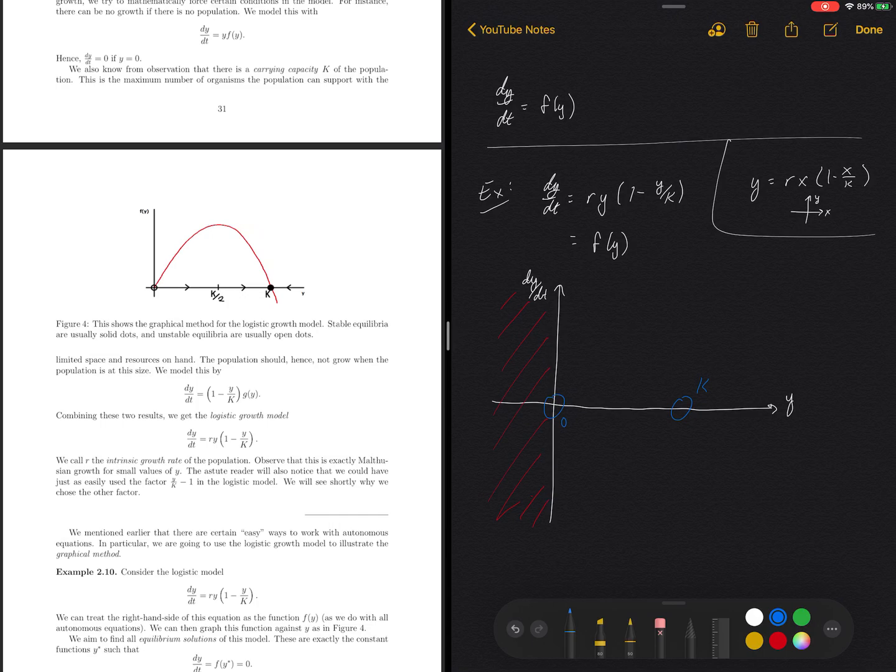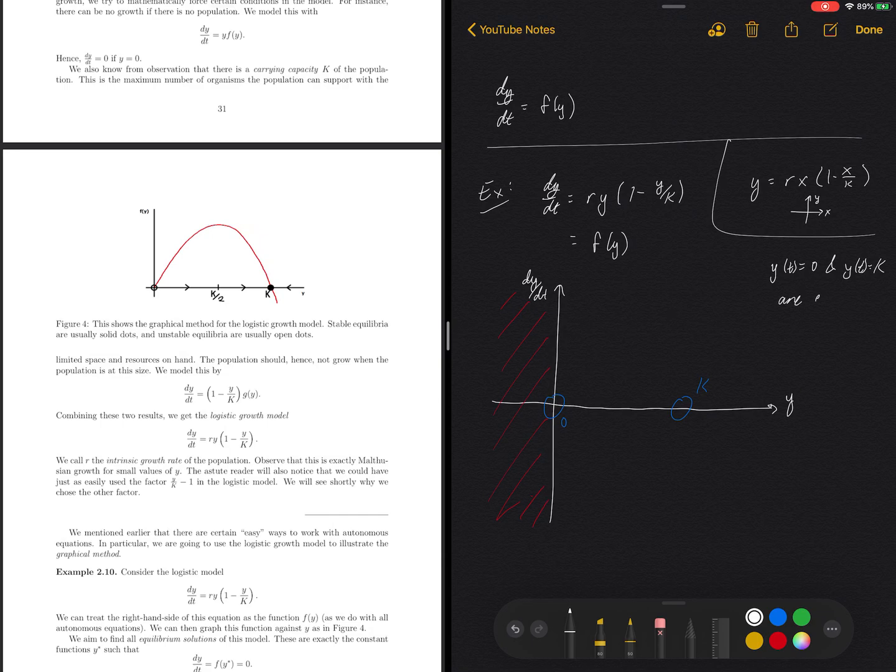This already shows us that our derivative is 0 whenever y is equal to 0 or y is equal to k. Because there's no dependence on time here, once we hit 0 or once we hit k for a population size, our population does not grow or die. It just stays fixed.